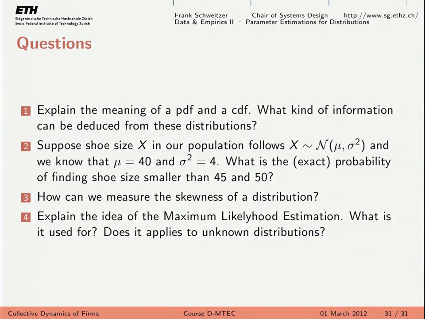And then you explain what is the underlying mechanism of the maximum likelihood estimation, and why we need to have an assumption first about the distribution before we can calculate the proper mean and the proper variance.